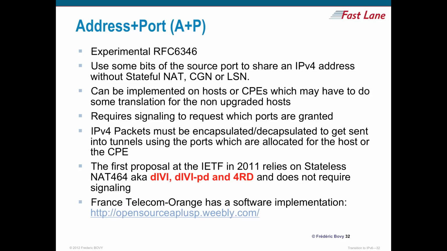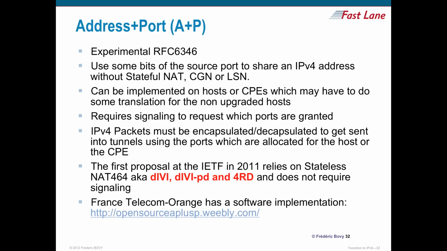So this box must do this translation. This box must also do the encapsulation, for instance, IPv6 in IPv4 in IPv6, for instance 4RD, which is doing IPv4 in IPv6.